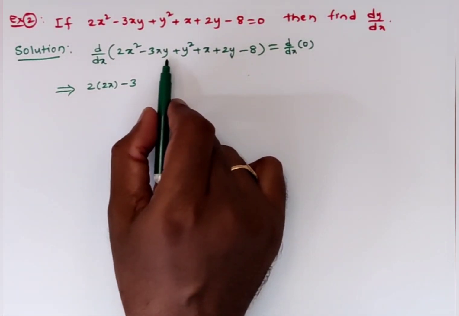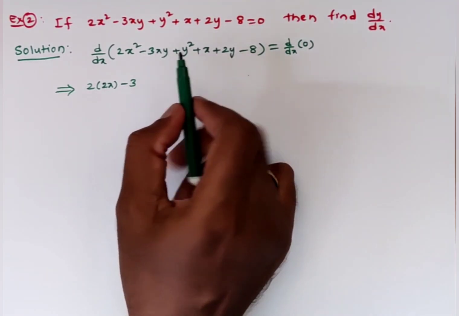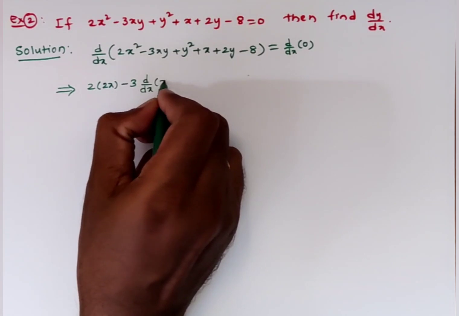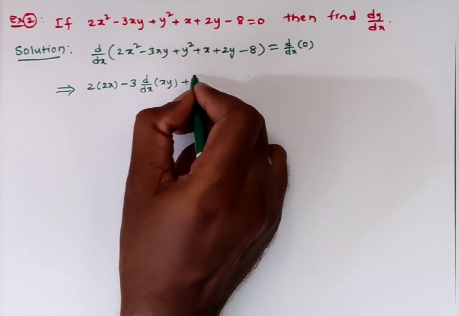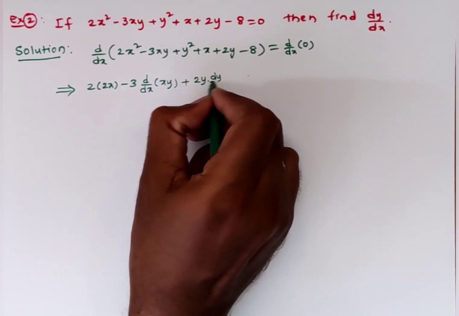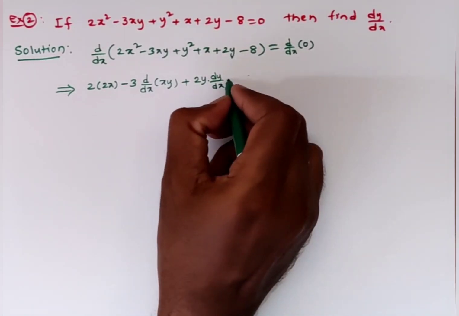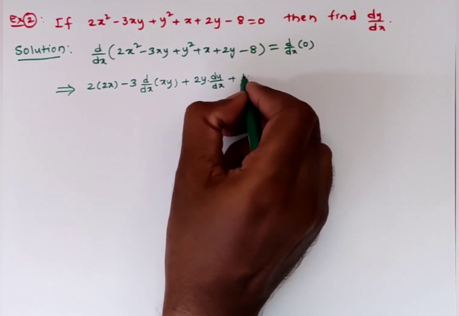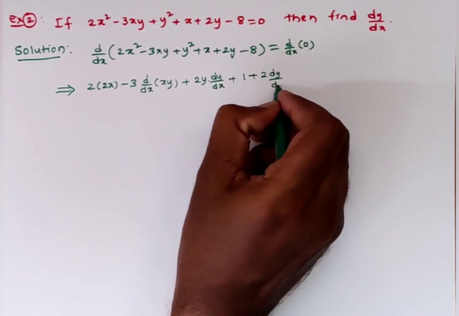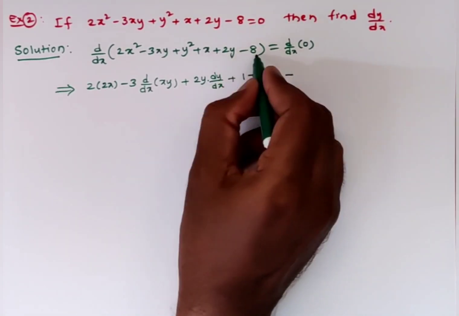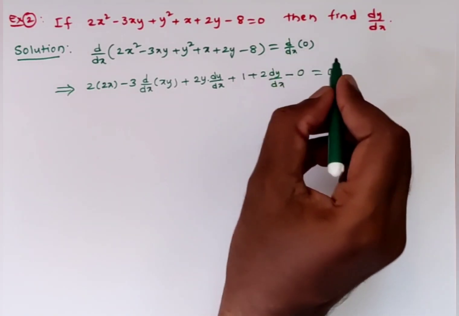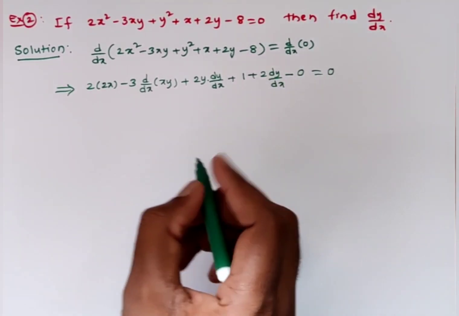Since you need to treat y as a function of x, apply the derivative of x into y plus the derivative of y square, which means 2 into y into the derivative of y, plus the derivative of x is 1, plus the derivative of 2y is 2 into dy by dx, minus the derivative of 8 is 0, which is equal to 0 since the derivative of 0 is 0.